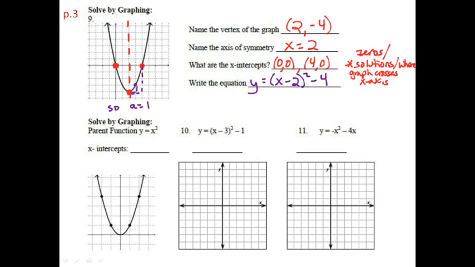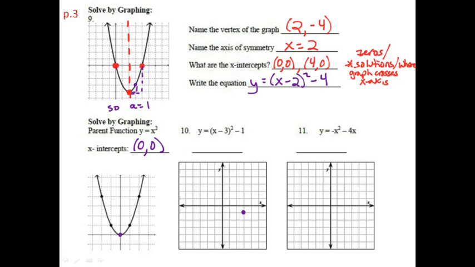So let's get some more practice finding our solutions, or the zeros, the x-intercepts, keeping in mind our parent function only has the one x-intercept at (0, 0). Now given the equation y equals (x minus 3) squared minus 1, remember our vertex goes to the right 3 and then down 1.